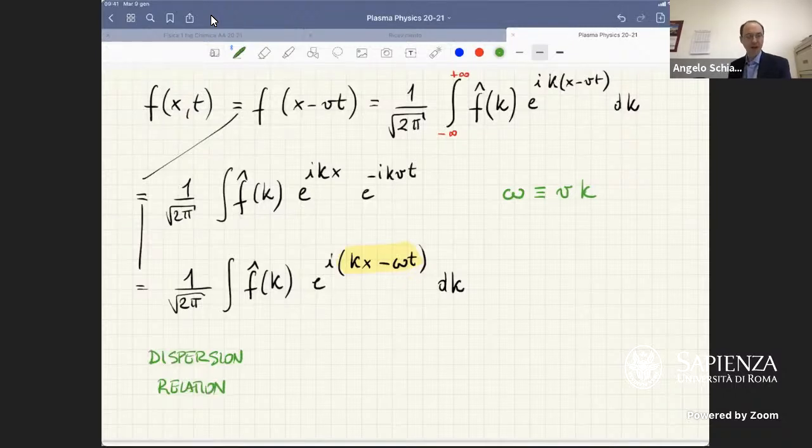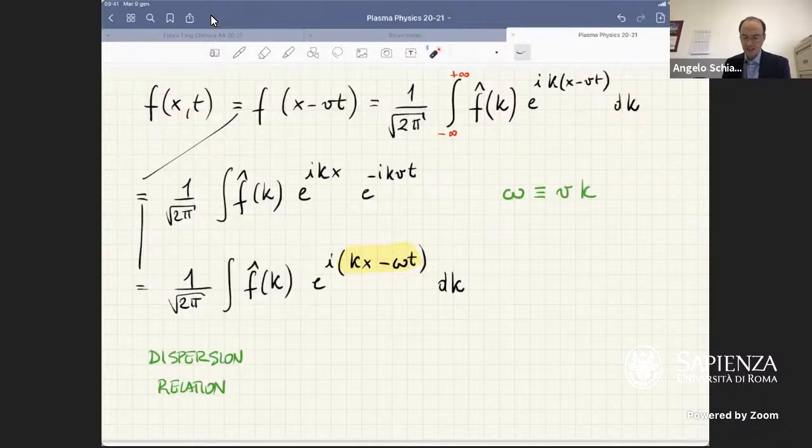The dispersion relation is a function that describes how omega and k are linked together in order for this exponent here to represent actually a solution to the wave equation.